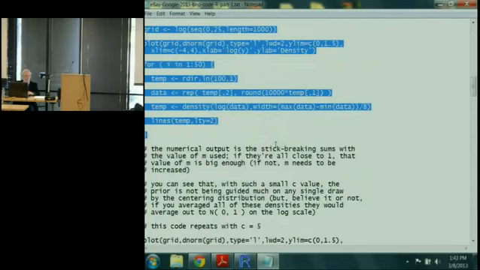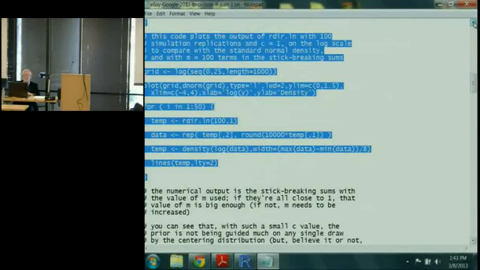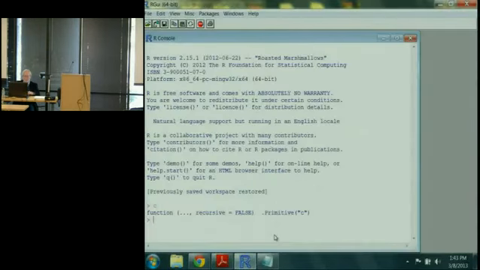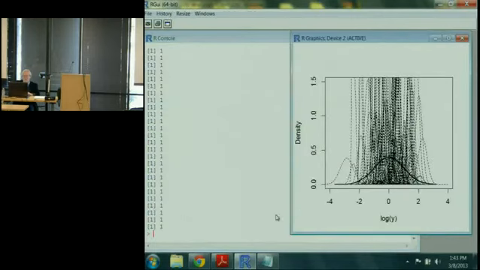And this first time, I'm going to run the code with C equals 1 to show you what happens. So let's go ahead and run it. Instead of plotting things on the CDF scale, because most human beings don't look at uncertainty on the CDF scale, we look at things on the density scale.